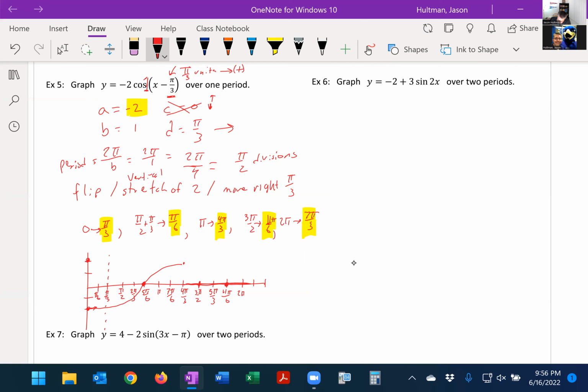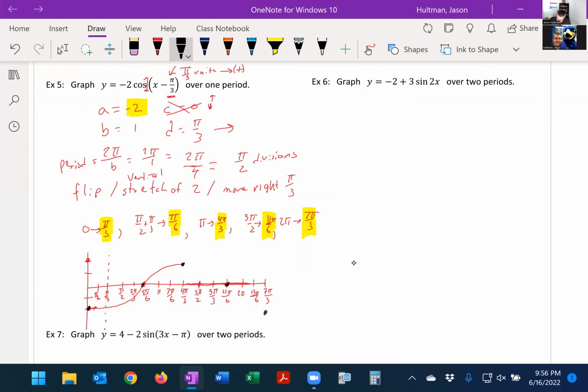And then this is going to be 2 pi plus pi/6, which is 13 pi/6. And then this next one is going to be 14 pi/6 or 7 pi/3, which is going to be our last reference point. So I'll put my reference points in black here. And this is just one cycle.